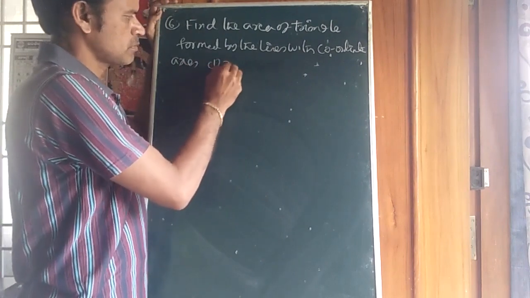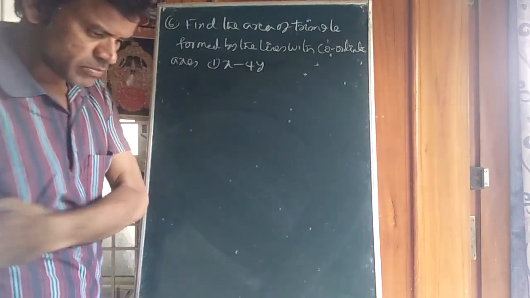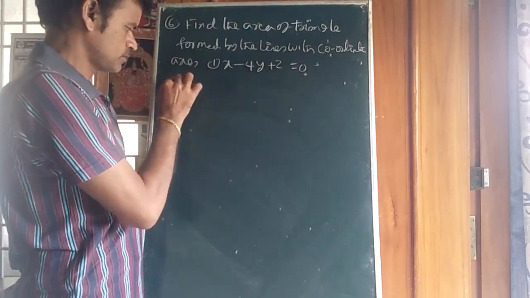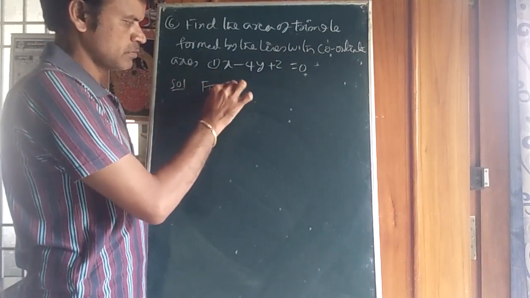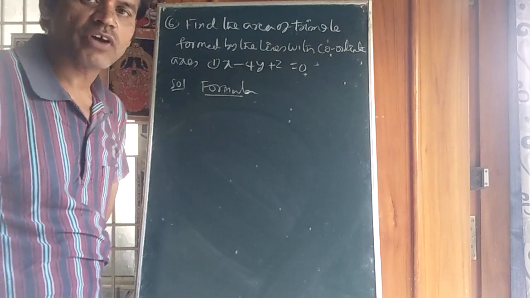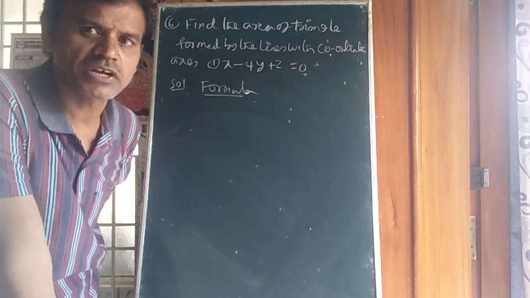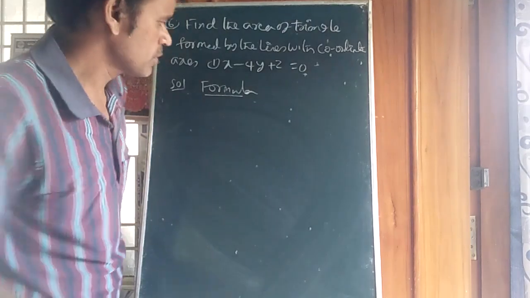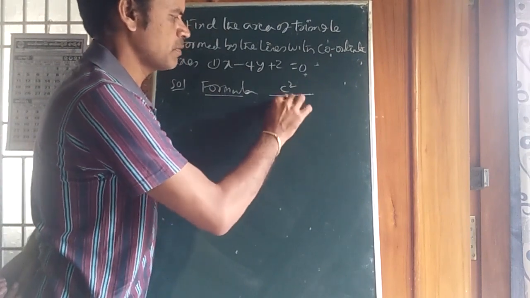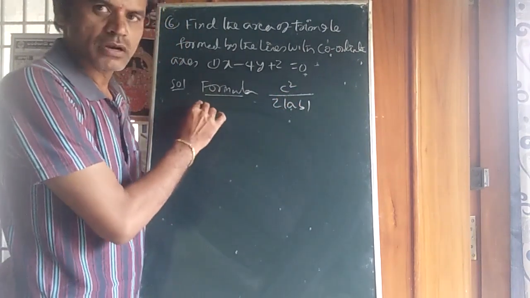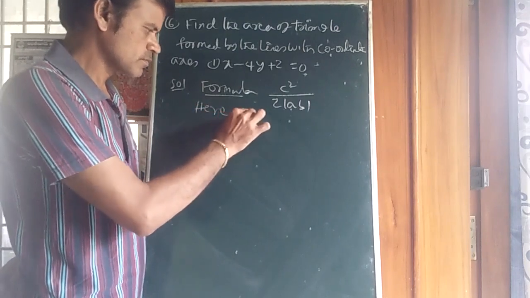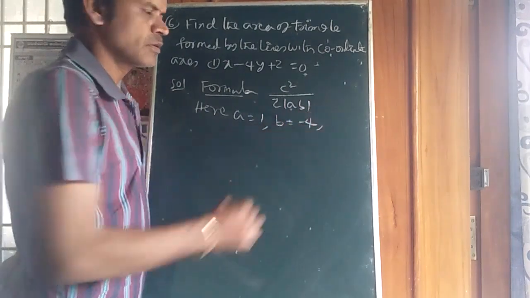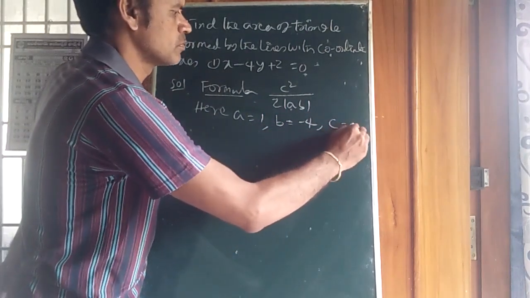First one, x minus 4y plus 2 equal to 0. Formula: the area of the triangle formed by a straight line ax plus by plus c equal to 0 and the coordinate axis is c square by 2 mod ab. Here a is 1, the x coefficient, b is minus 4, c is 2.